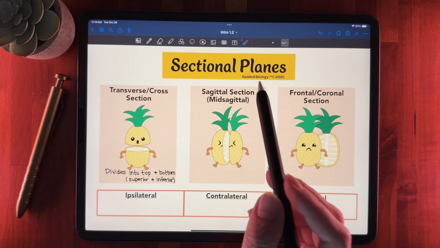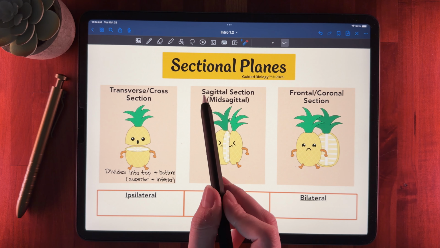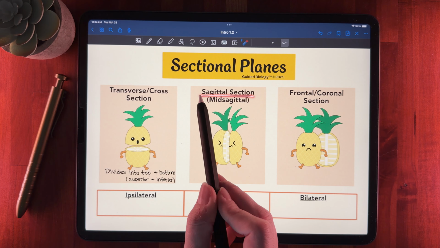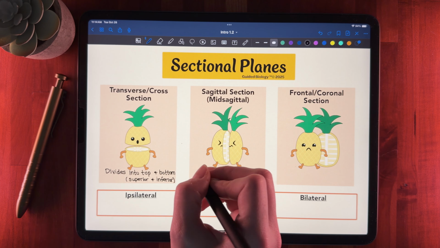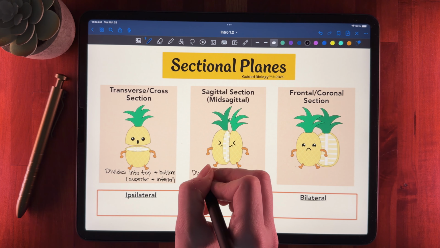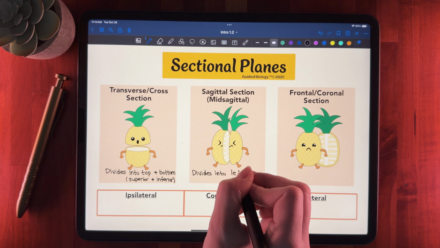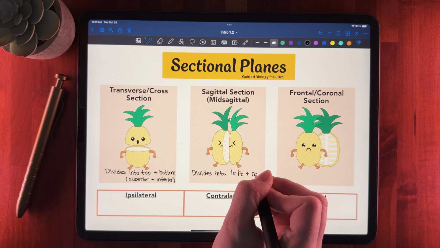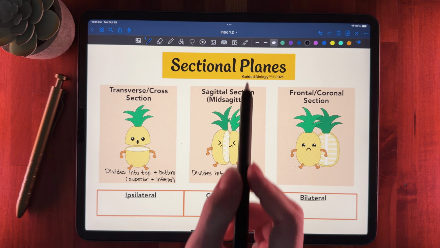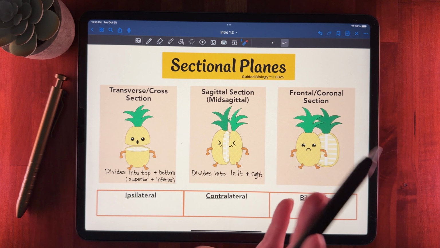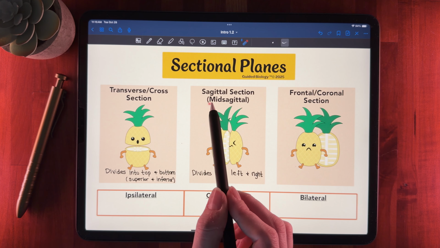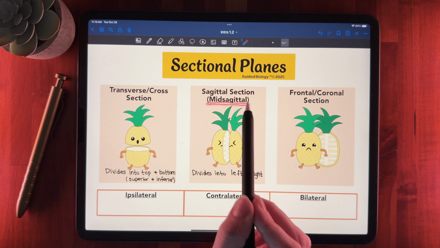All right. And so our next type of sectional plane is called a sagittal section. A sagittal section is a section that divides the body into right and left parts. Okay, so it divides into left and right. If we are going to be more specific, you can also talk about the term mid-sagittal.